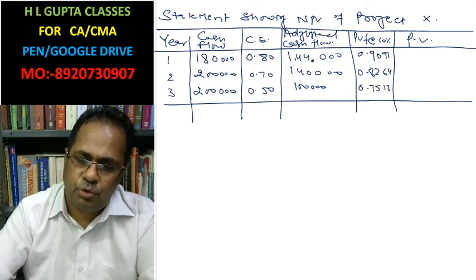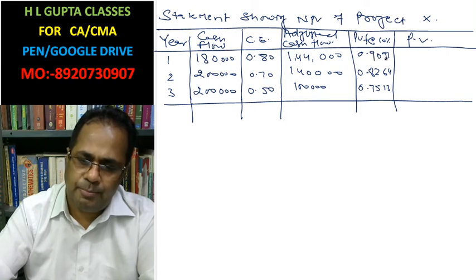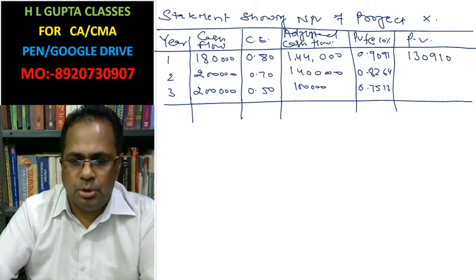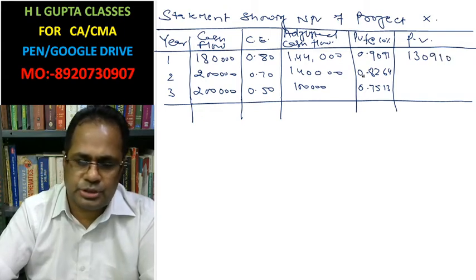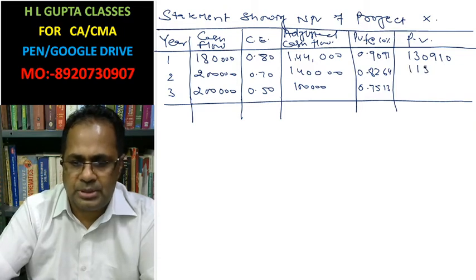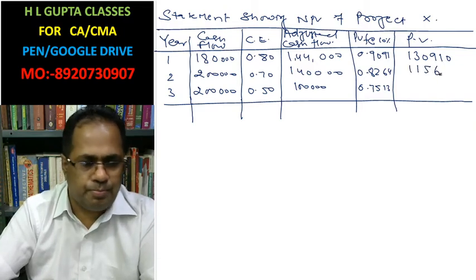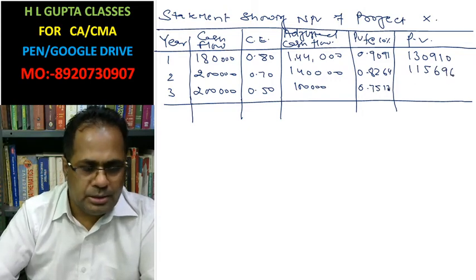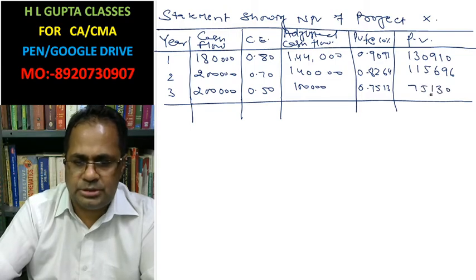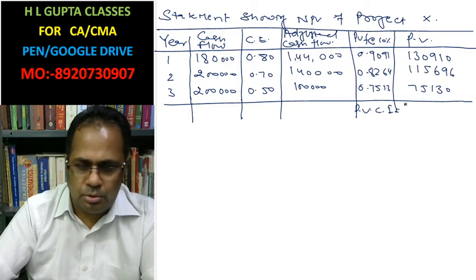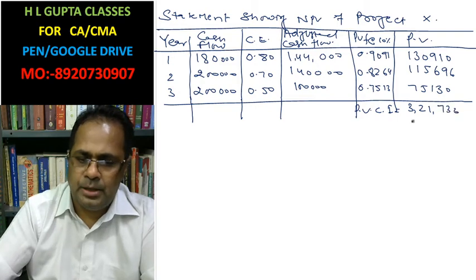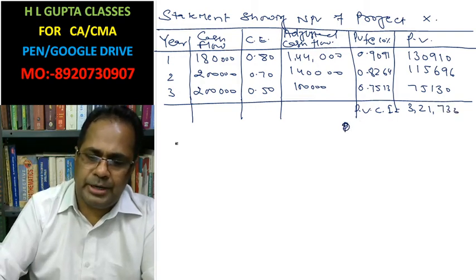Now 1,44,000 multiplied by 0.9091 is 1,30,910. 1,40,000 multiplied by 0.8264 is 1,15,696. 1 lakh multiplied by 0.7513 is 75,130. This is said to be the present value of cash inflow: 3,21,736.